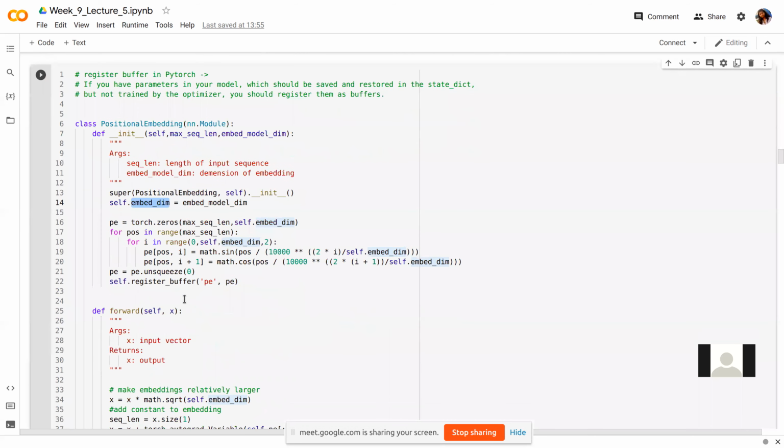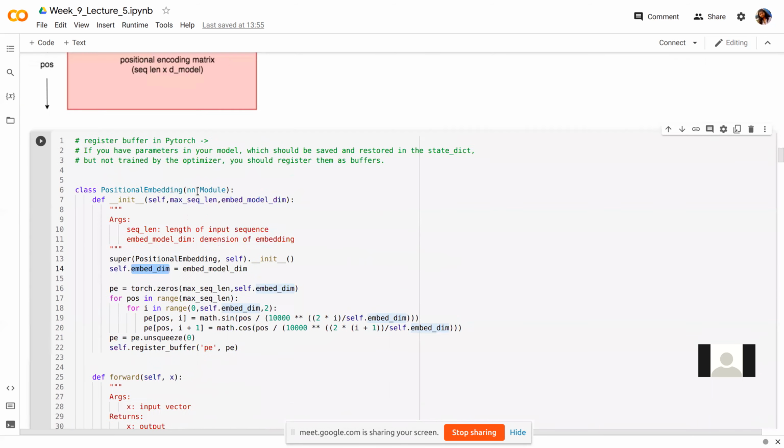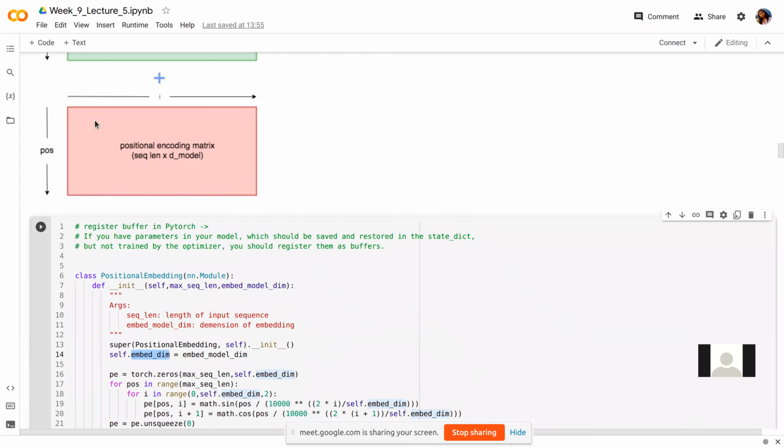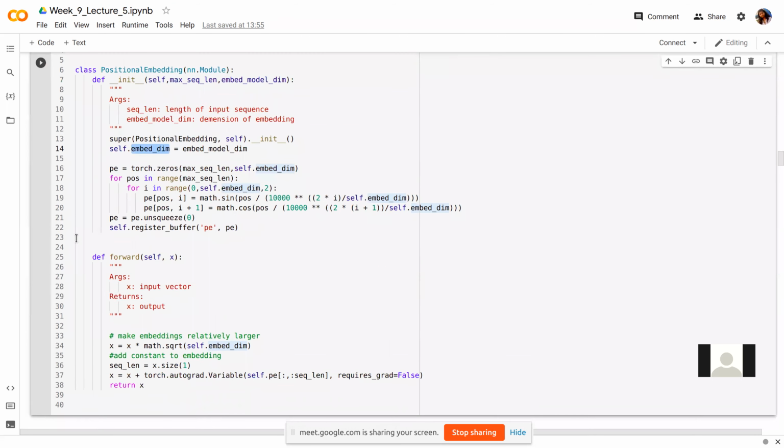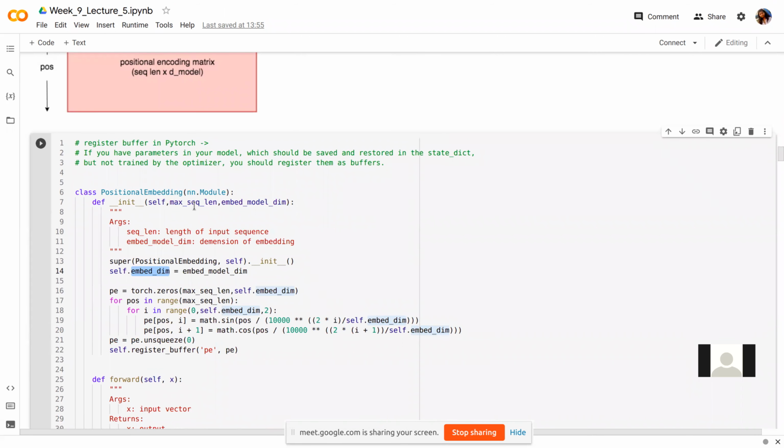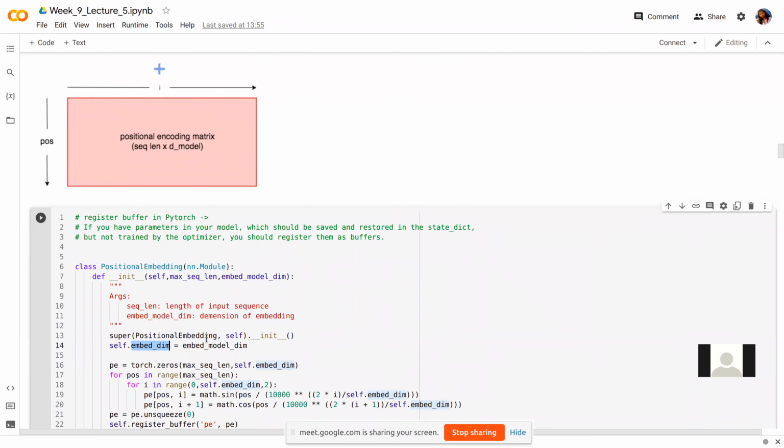Okay, then once we have done this, we now need to compute this position encoding. So we know the size of the embeddings and the positions. So positions is basically the maximum sequence length, which means that any sentence in the input will not be greater than this length. So for that, we will have this max sequence length here as the number of rows.